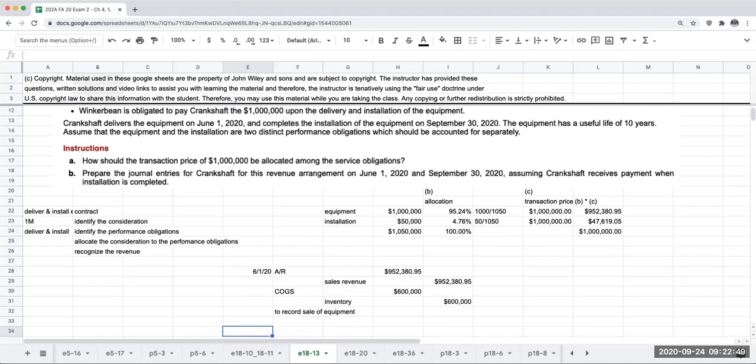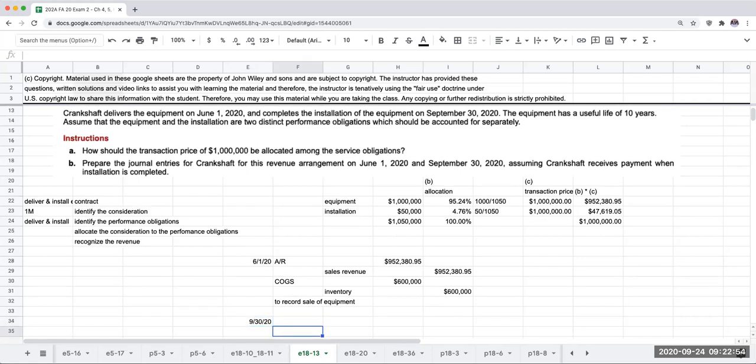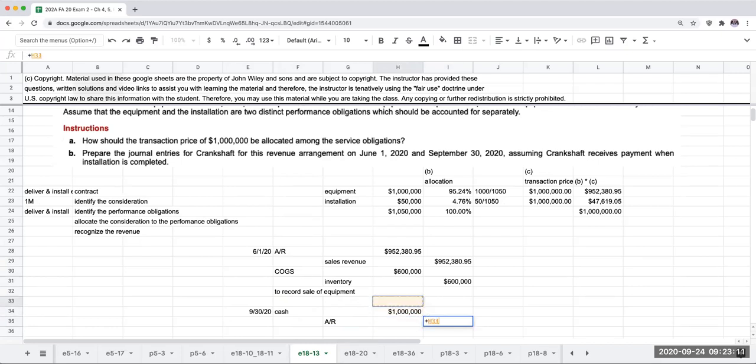Next one over here, it's going to be on 9/30/20. So on September 30th, we're getting cash of $1 million. So at this point in time, they're paying me the full $1 million. So I'm crediting accounts receivable because they've now gone through and they're paying this off.